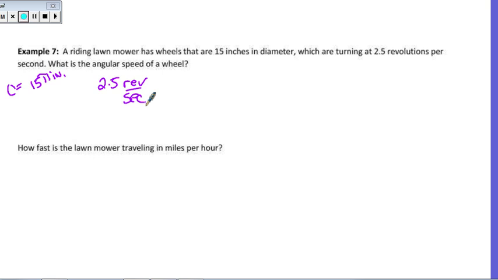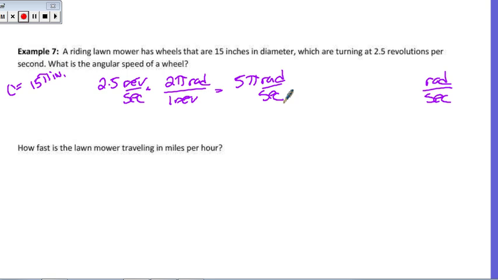Since it doesn't say what time unit to be in, we're going to keep that in seconds. So I want to go to radians per second. So this is an angular speed. Remember we said there are 2 pi radians in 1 revolution. These guys cancel out. And what we've got here is 5 pi radians per second. You could also convert that out. It'd be 15.71 radians per second.